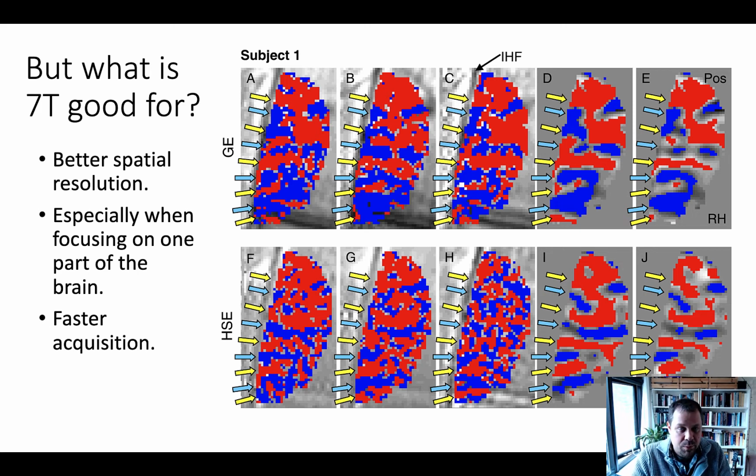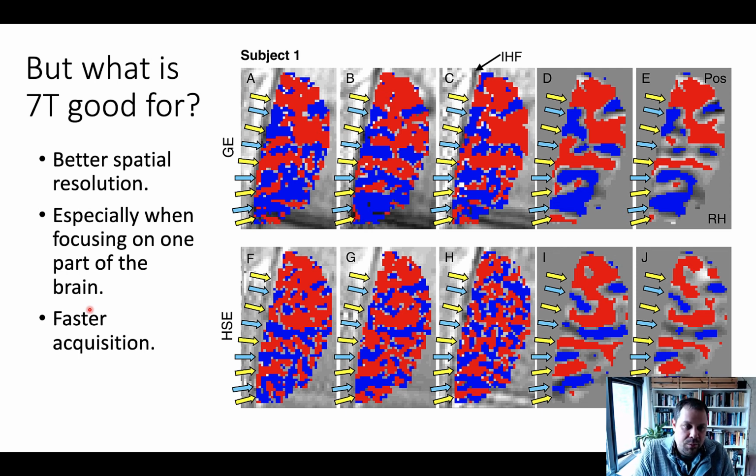We work with 3 millimeters, so it's a third of what we work with, allowing you to do this. This is especially true when you focus only on one part of the brain, because you can even scale down what you're looking at in the scanner. It also allows for faster acquisition. So it's always a trade-off that you're making between spatial resolution and faster acquisition, but you have to make less of a trade-off. It's still present, obviously, when you go to 7T.